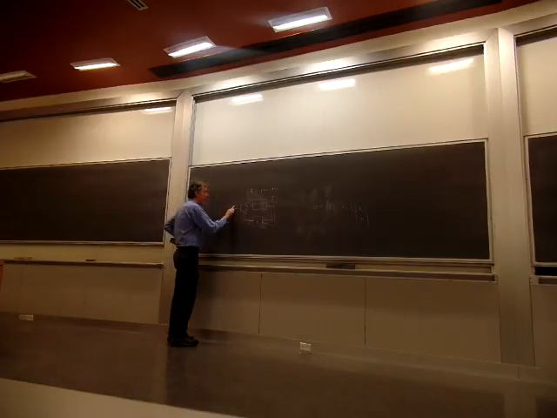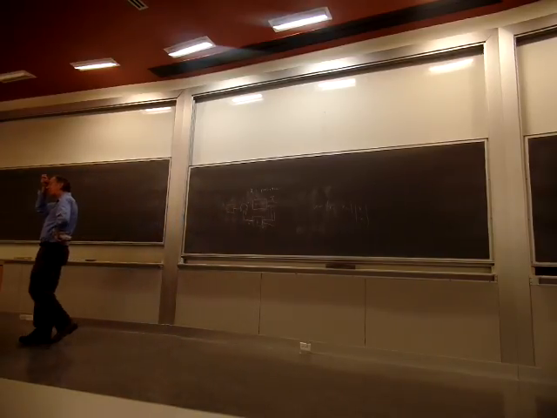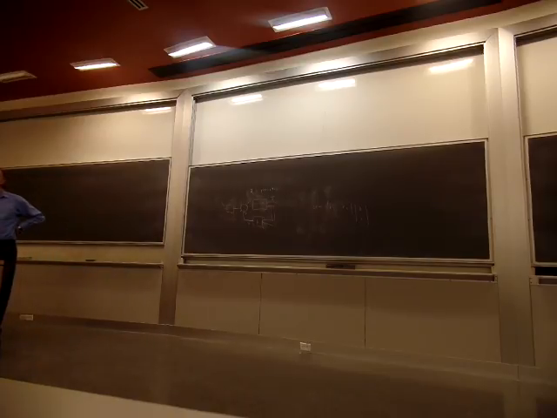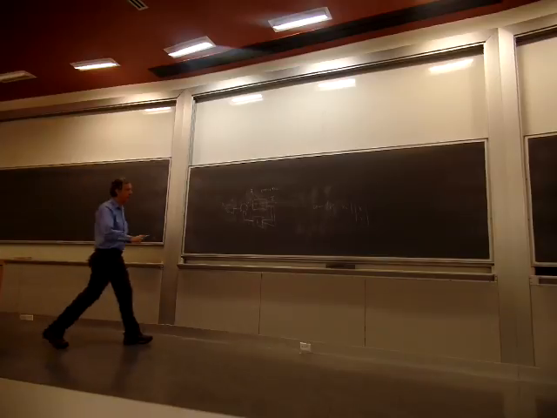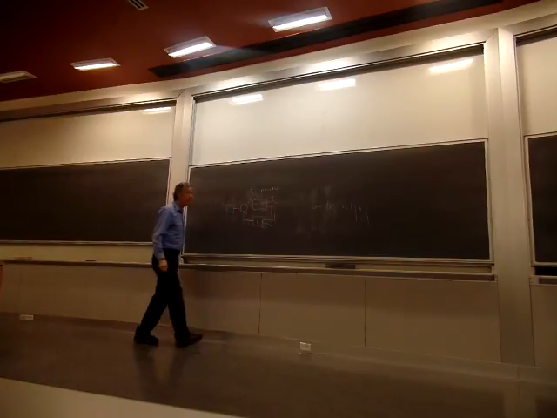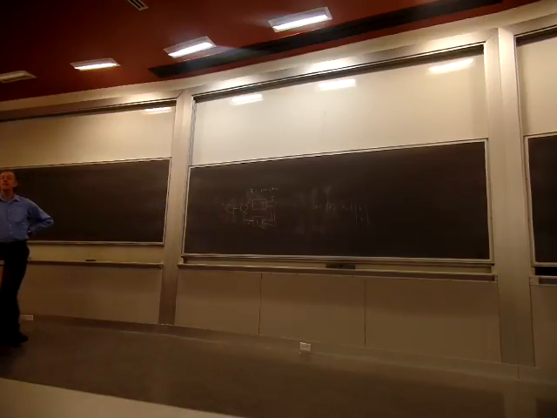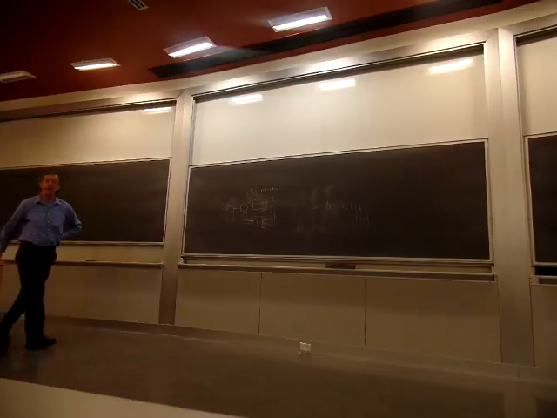What do I want here? Anybody suggest what we might want to put there? Maybe we should make this minus here. Minus u. What will we put there? Which K? K1.